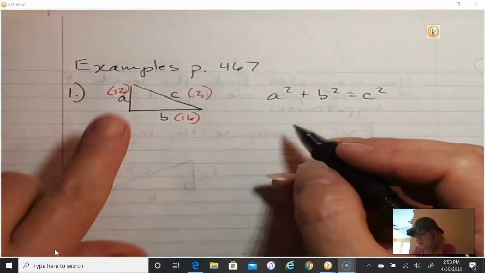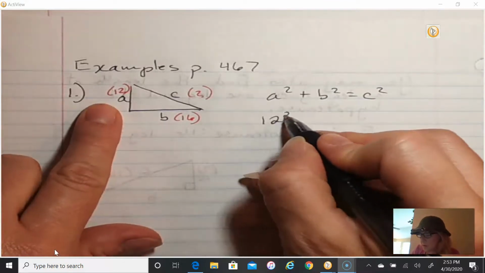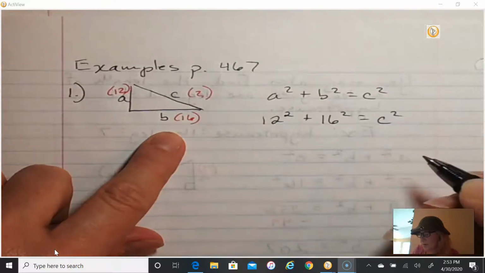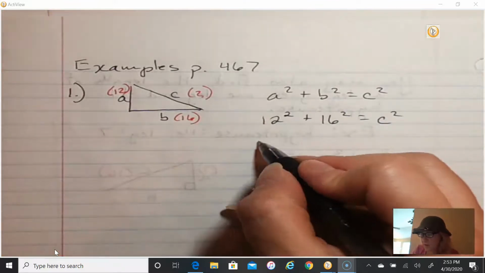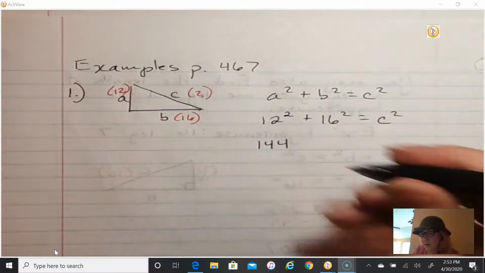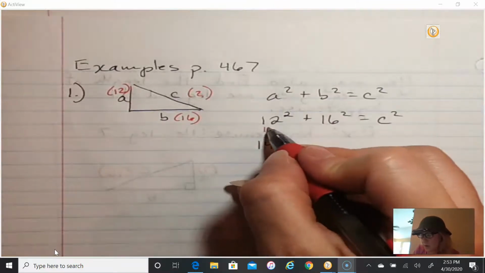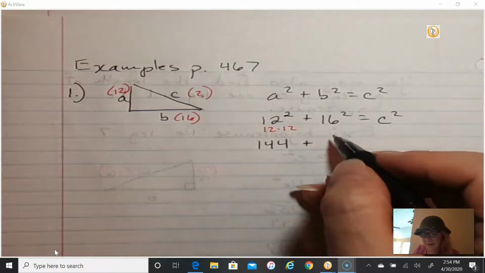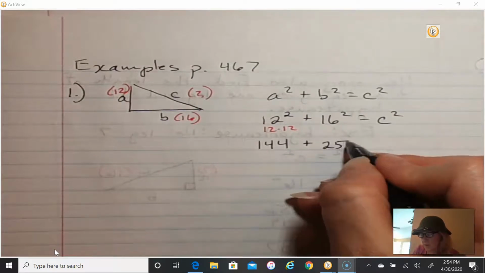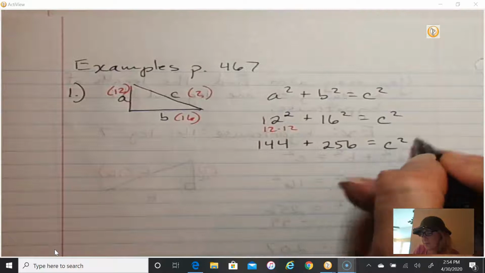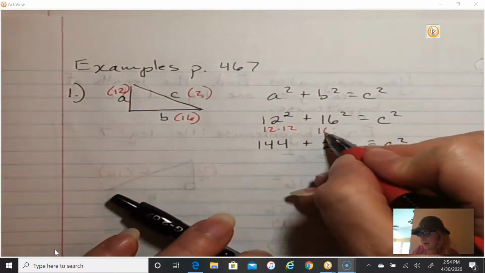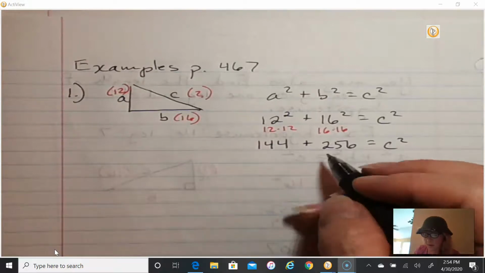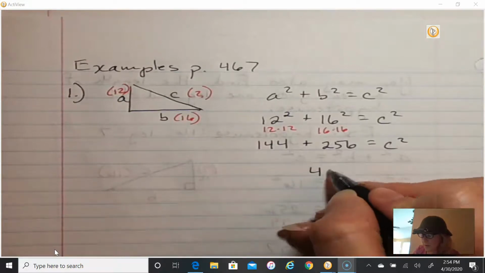All right, plug it in. 12 squared plus 16 squared equals C squared. 12 squared is 144. 12 times 12, remember. 16 squared is 256. That's 16 times 16. Add these two together, you get 400.